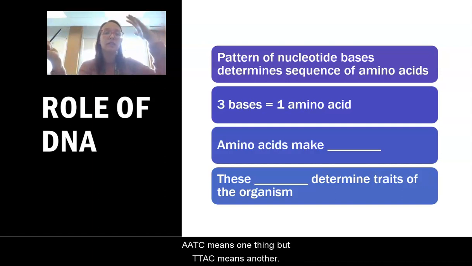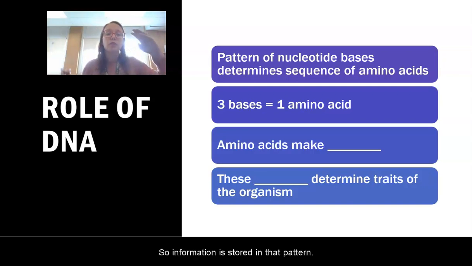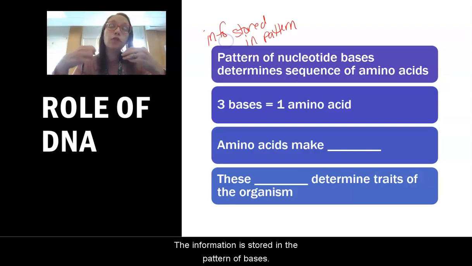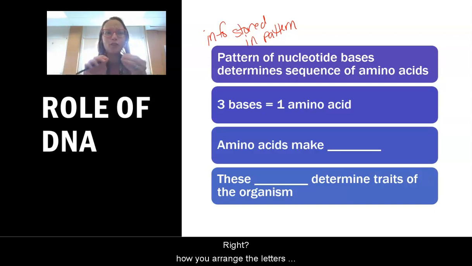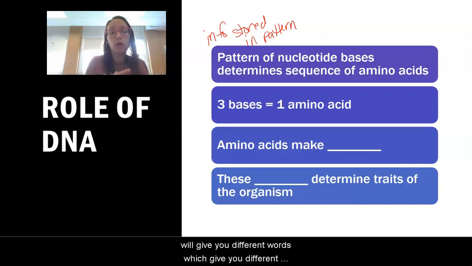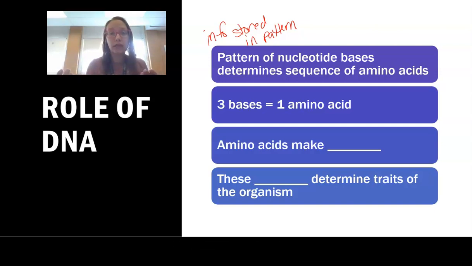So AATC means one thing, but TTAC means something else. So the information is stored in that pattern. So that information is stored in the pattern of bases. Think of it sort of like words, right? How you arrange the letters will give you different words, which gives you different information. And that's just how it works with DNA.